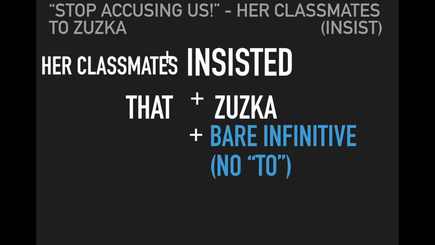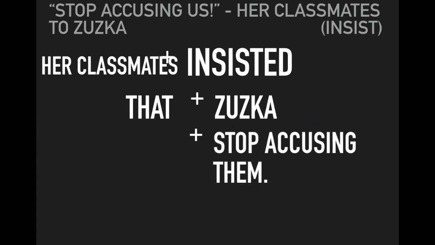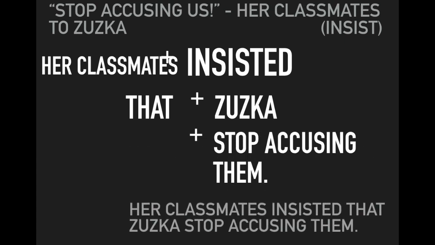But here, our classmates are a bit angry, and I think they would not use should. All right, and the verb is stop. So we're keeping the verb in the infinitive form, stop, accusing, and we change the pronoun to them. So you get this final sentence. Her classmates insisted that Zuzka stop accusing them.